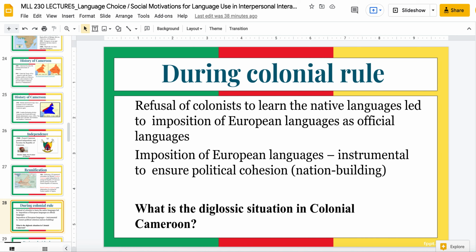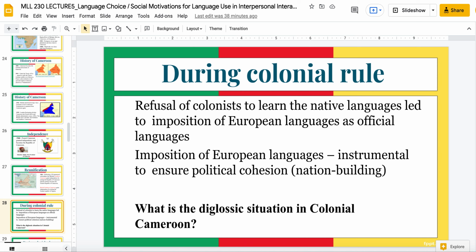Of course, the colonists refused to learn any local languages. If you took my previous classes, you understand a little bit about pidgins and creoles, and I'll explain what they are. In an equal situation with contact languages, if I spoke a different language and you spoke a different language, and we were in an equal relationship, then we would form what's called a pidgin.